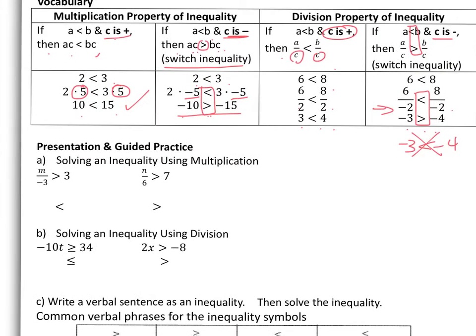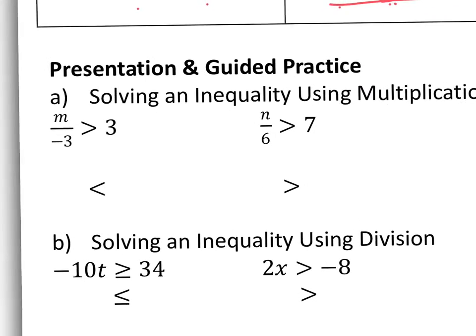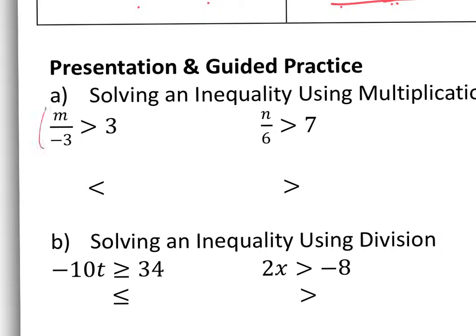So, keeping this in mind, we can start some practice problems. Solving an inequality using multiplication. M over negative 3 greater than 3. To solve this inequality, we need to multiply both sides by the reciprocal of 1 over negative 3, which is negative 3 over 1.